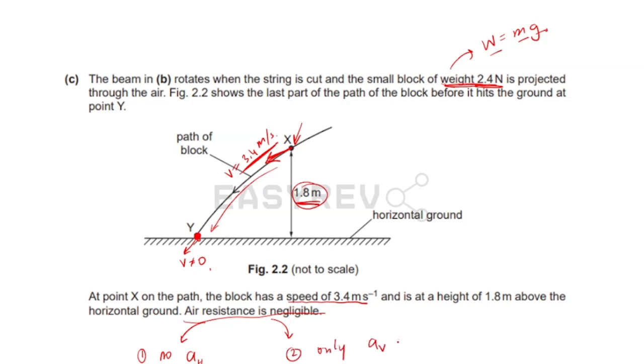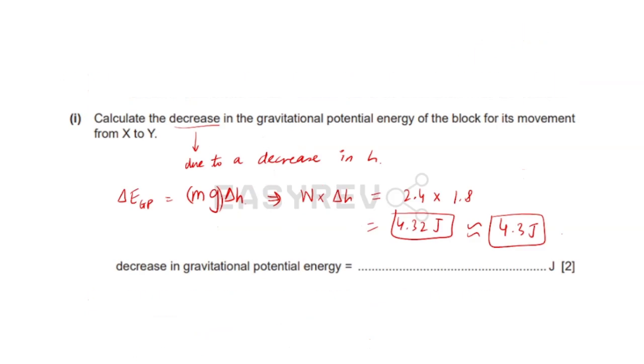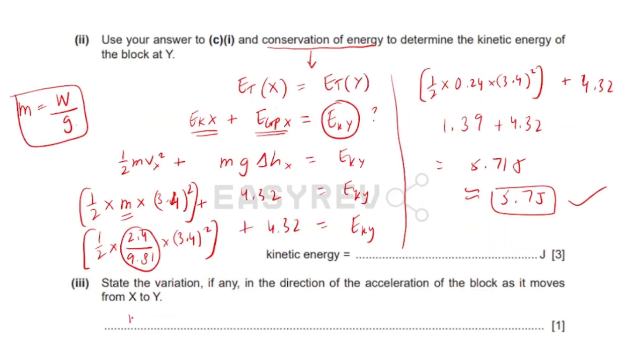And that vertical acceleration is equal to the gravitational acceleration, which is always pointing downwards. So, as far as the variation goes, there will actually be no variation at all, because the gravitational acceleration stays constant. Here, just mentioning no variation should be enough, since this is just a 1-mark question, right?